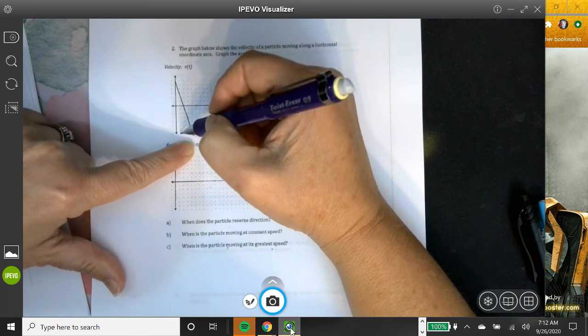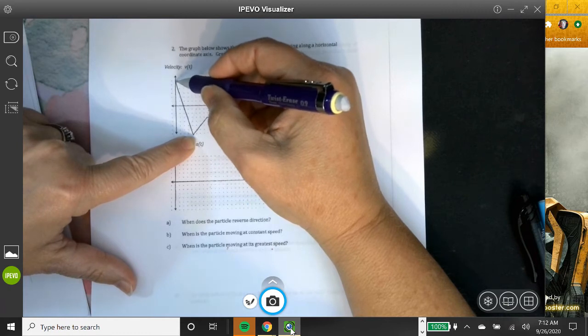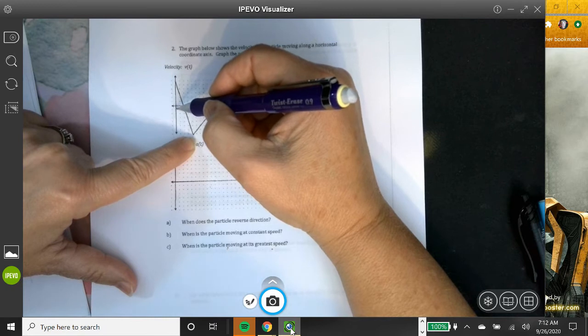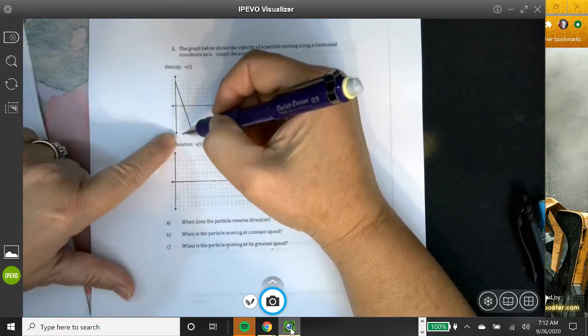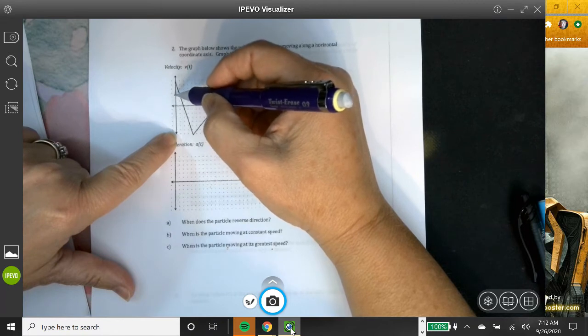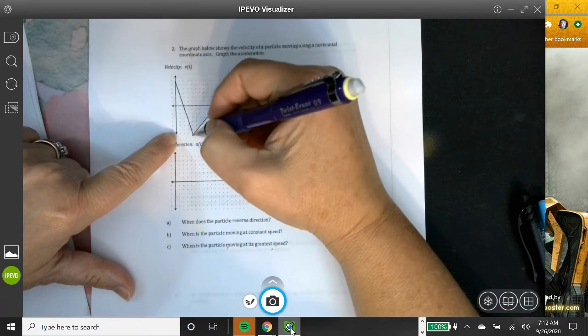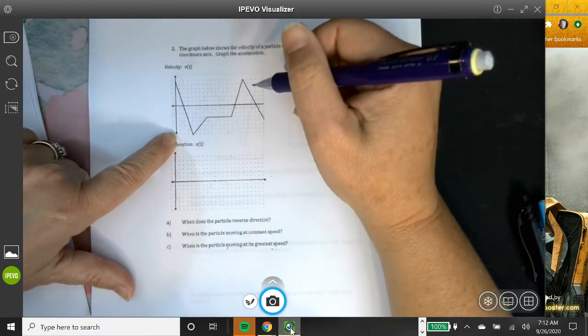I'm going over 4: 1, 2, 3, 4. That's clearly 4. And then it looks like I'm going down 6, 2, 3, 4, 5, 6, 7. That's 7. So it's 13 over 4. So negative 13 over 4.